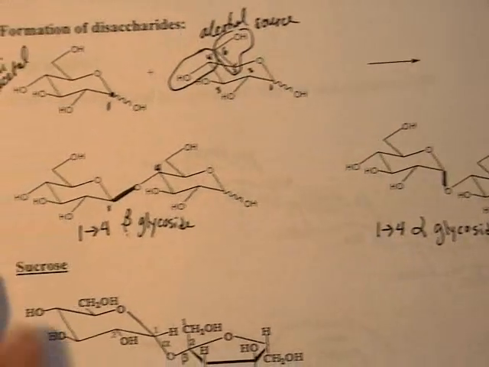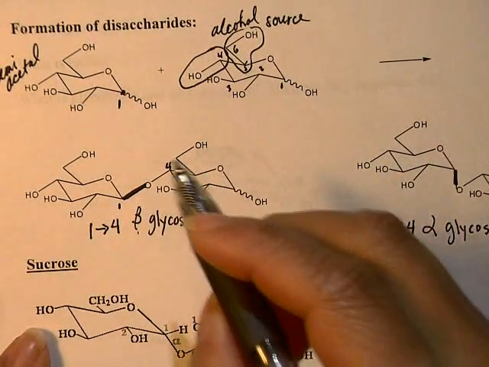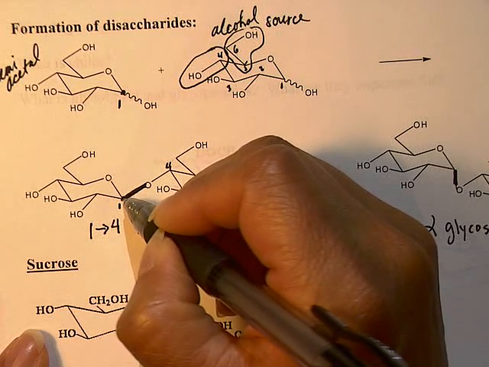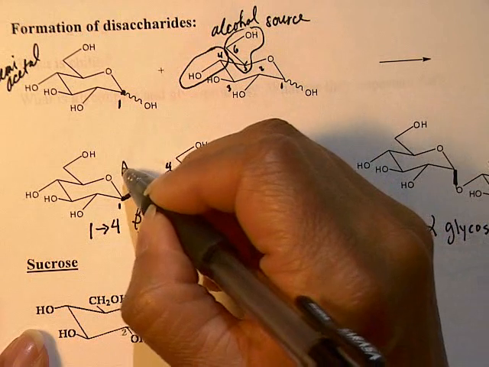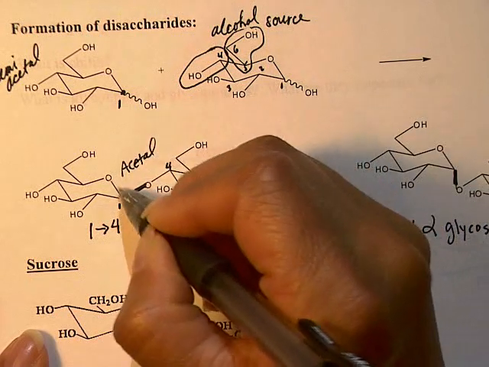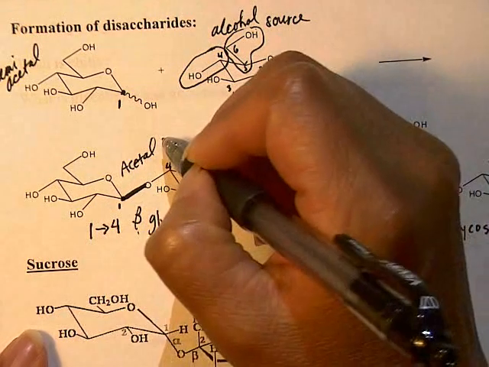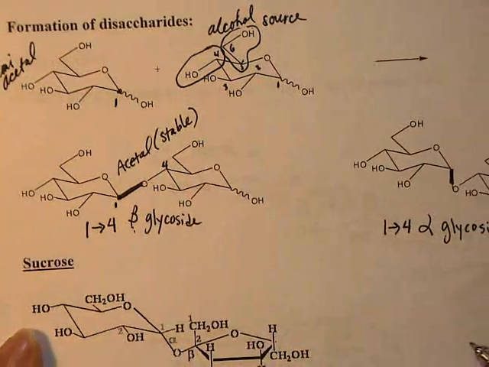When you look at the disaccharides, note that the bond right here at the anomeric carbon is not going to open up and close, because this is now at an acetal stage, right? Because you've got one OR and two OR. So this is stable, not going to open up or close.